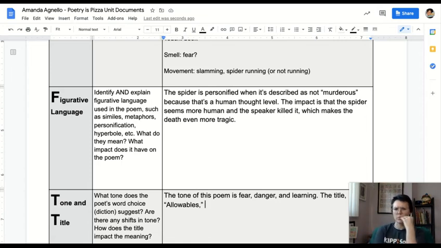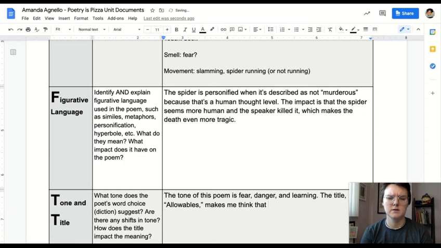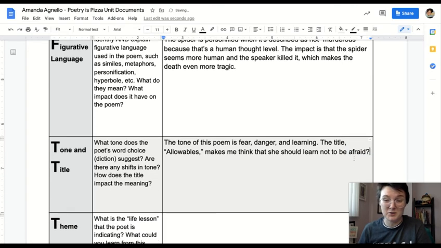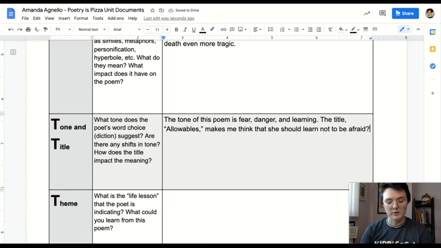So what is allowable? Oh, like not being allowed to kill? She even says that she's not allowed to kill something just because she is frightened. So the title Allowables makes me think that she should learn not to be afraid. It's okay to be a little unsure in this. I'm kind of putting a little question mark. Right?